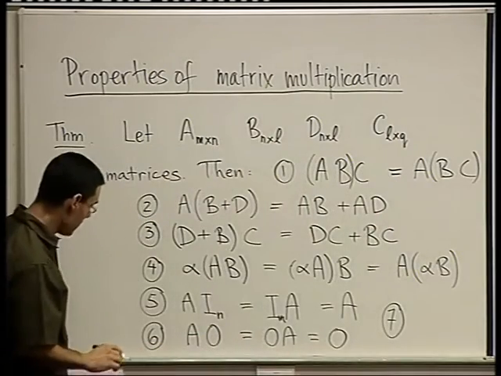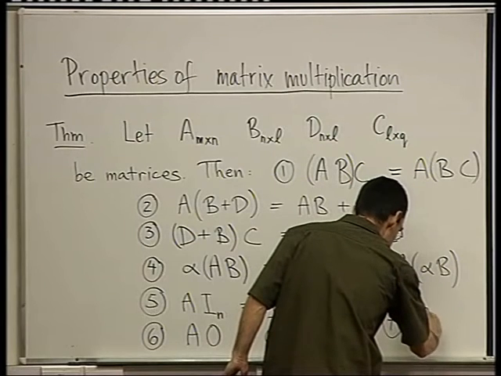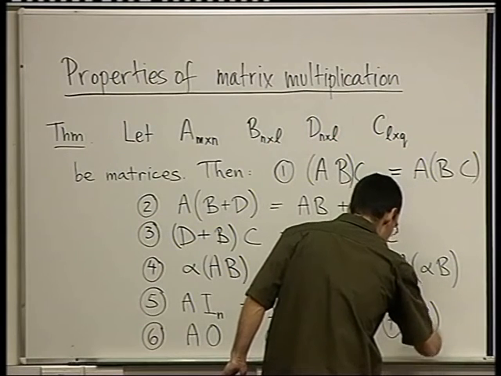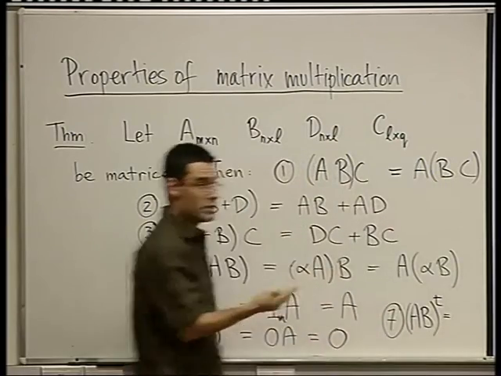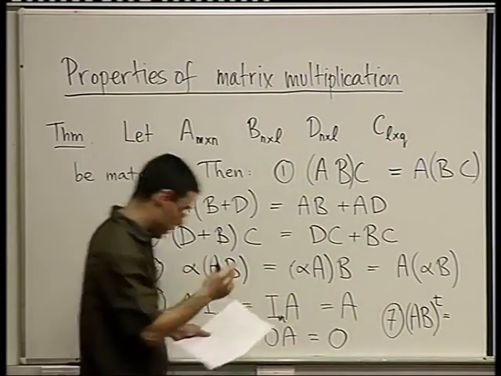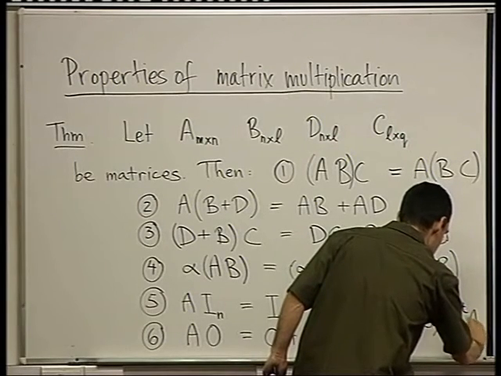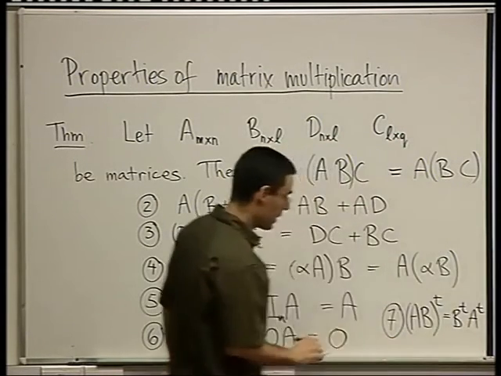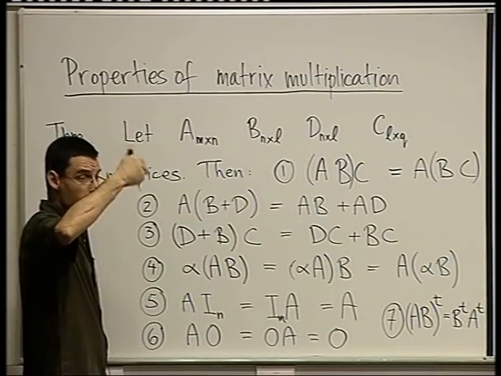Property number 7. If you take the transpose of a product, that equals the product of the transposes, but in reverse order. So it's B transpose times A transpose. Remember, the transpose of a matrix is replacing the rows with the columns.